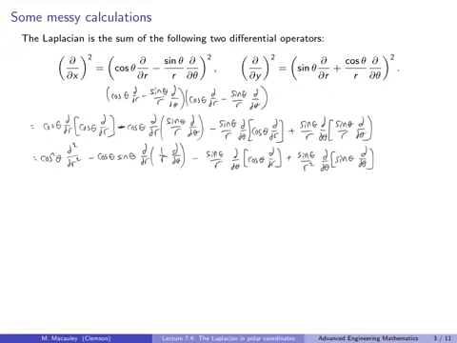So let's write this as, this is cosine squared of theta d squared dr squared. Now what's the second one? So this is minus cosine theta sine of theta. Let's make sure that looks more like a theta. And now by the product rule, the product rule I'm going to do for all of these, the first one times the derivative of the second one, and then vice versa.